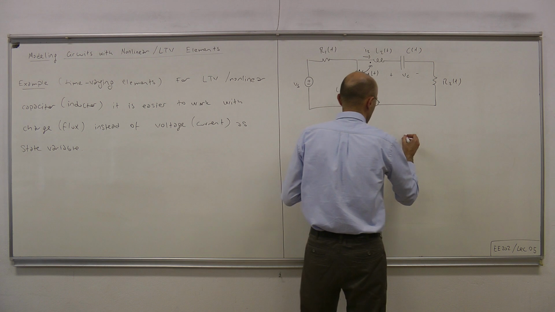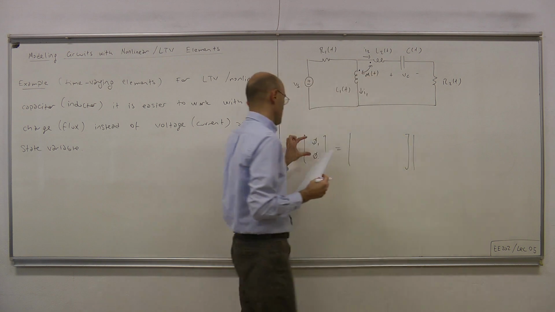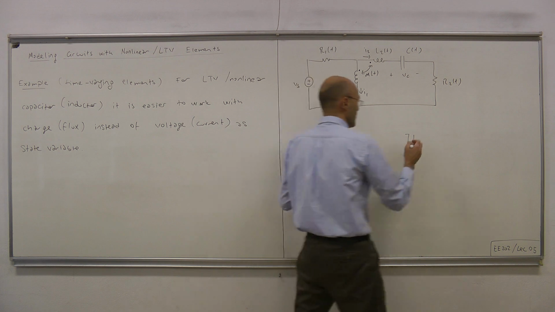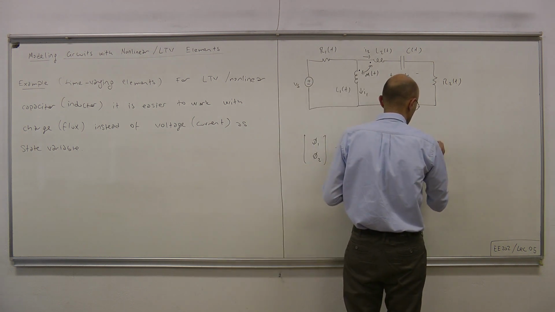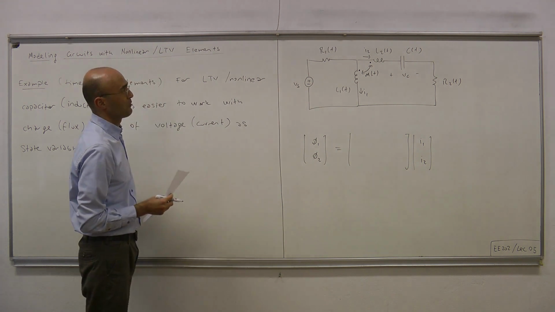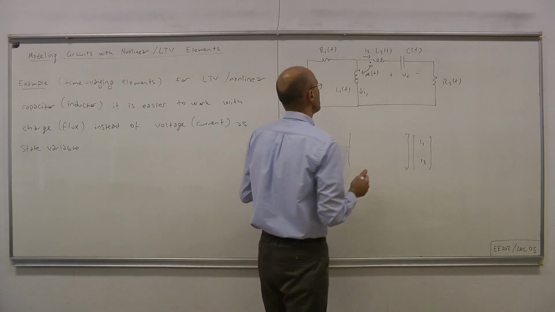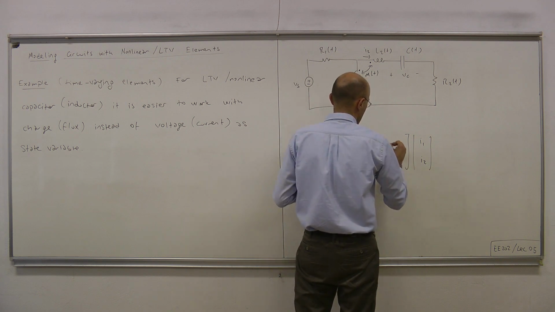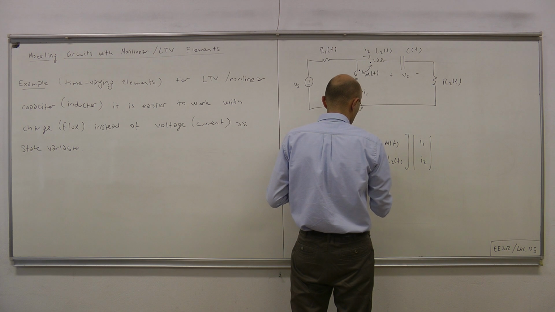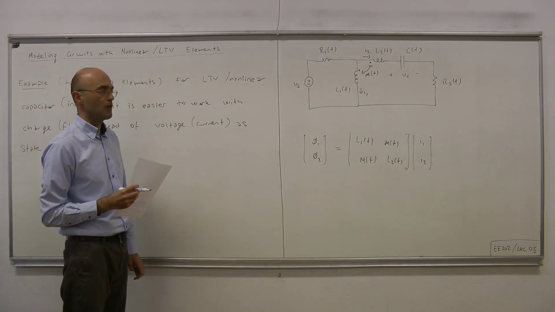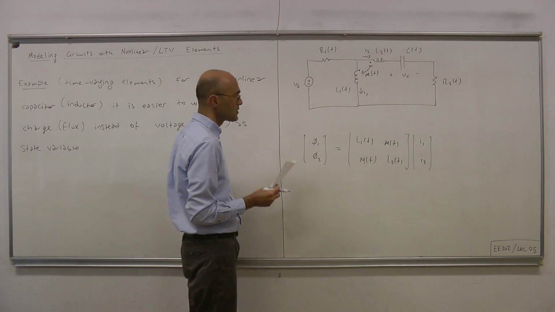And what we have is the vector of fluxes equals the inductance matrix times the vector of currents, I1, I2. The entries of the inductance matrix are L1(t), M(t), M(t), and L2(t). Okay, so that's the flux-current relationship of our coupled inductors.